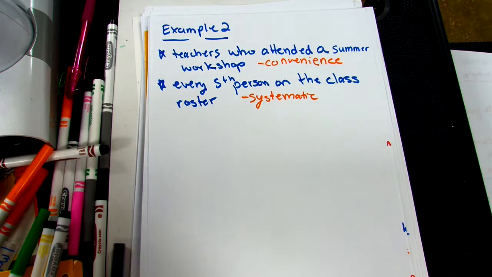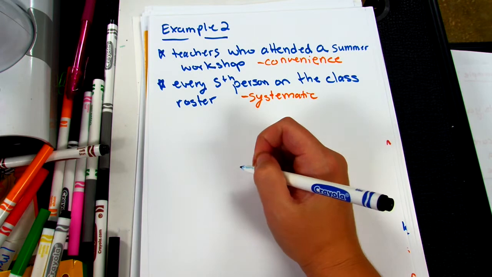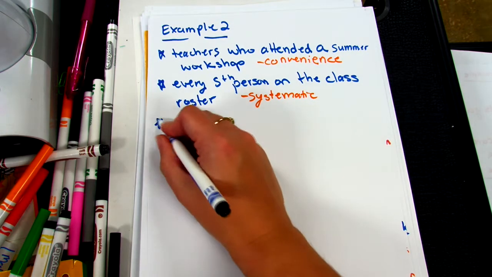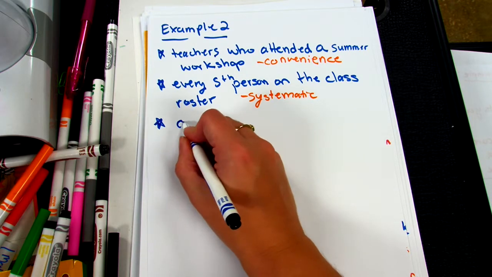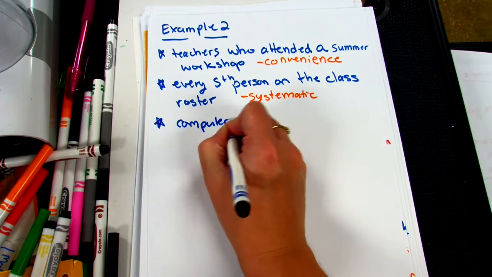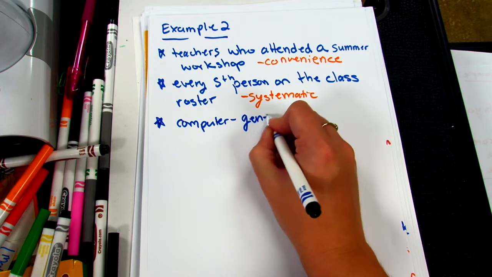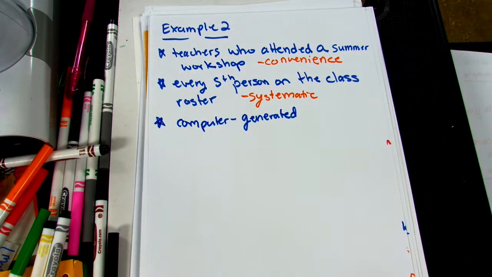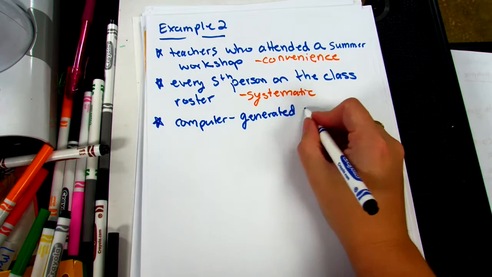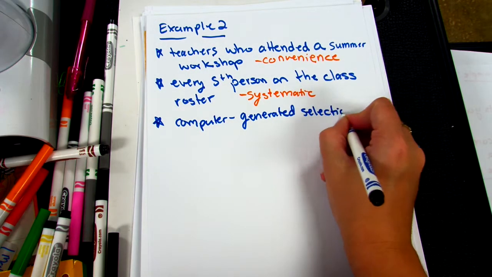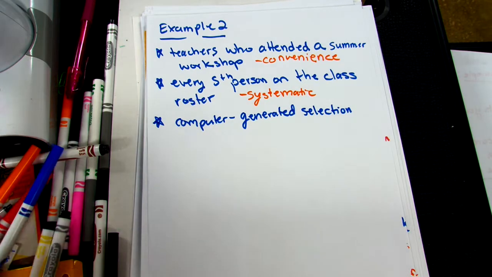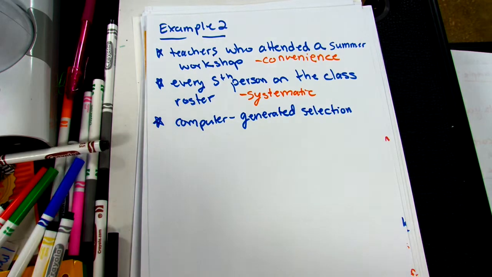Okay, and then lastly, let's do one more. How about computer generated selection? Okay, so since it's computer generated, we would say that is random.